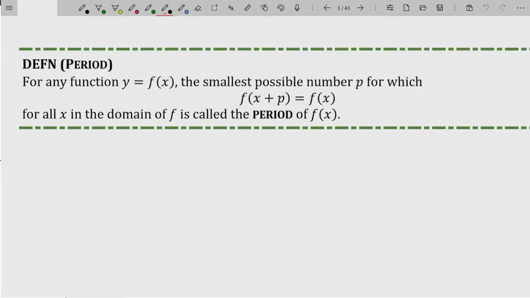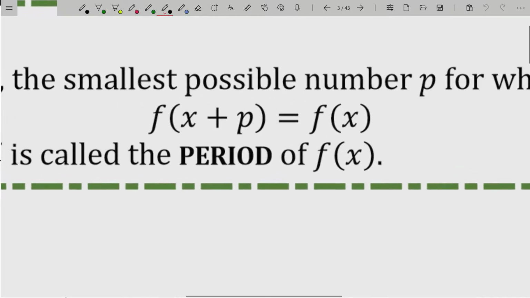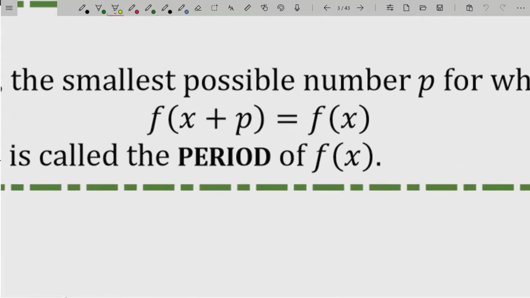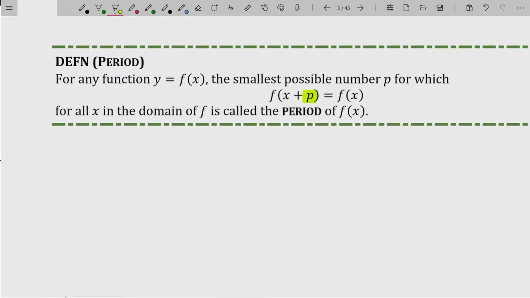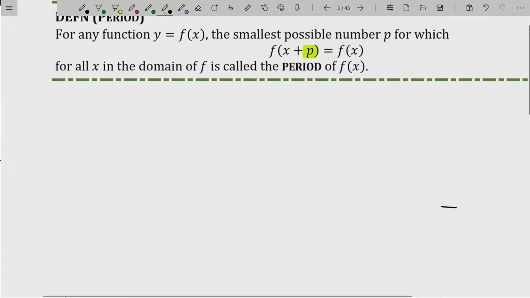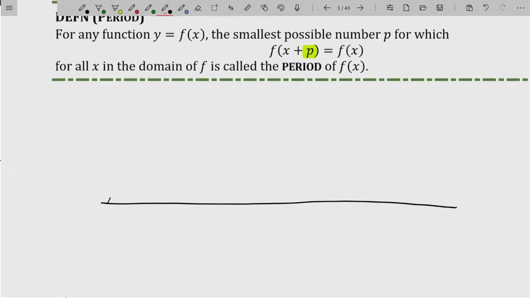And really, to put that in language, it just means the smallest number p that we can find where a pattern starts to repeat. Like I said a moment ago, it doesn't need to be a trig function. You could have maybe a saw pattern that goes on forever and ever, right? And let's suppose that this was x equals 1, and this is x equals 3, and this is x equals 5, and 7, and 9.